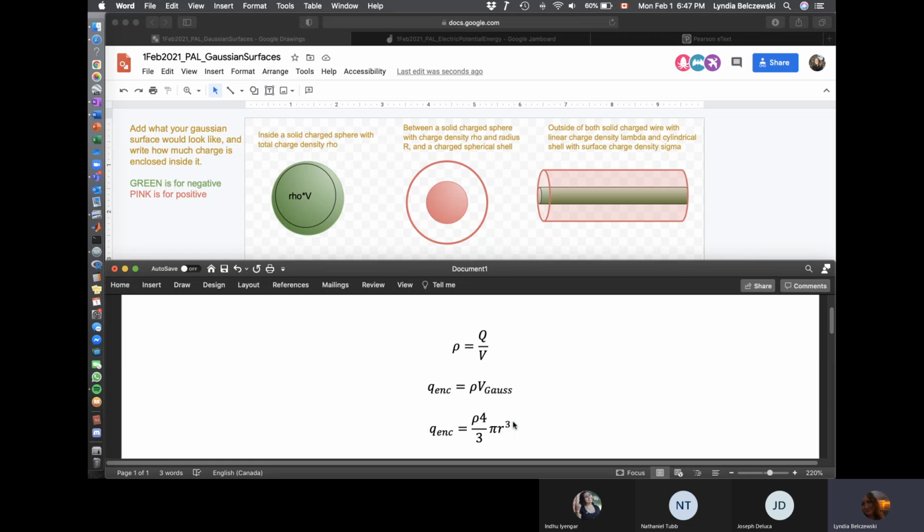There we go. So the 4/3 pi r cubed, that's the volume of the Gaussian surface. And I'm specifying it this way just because this little r is the variable that we would use for the Gaussian surface, or to describe it. So that would be our charge enclosed.